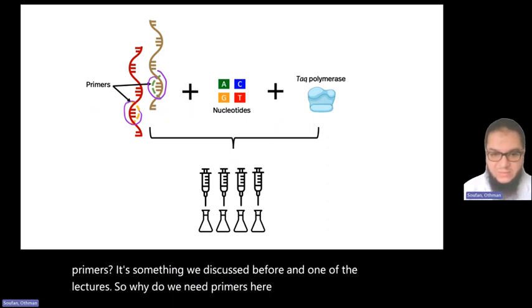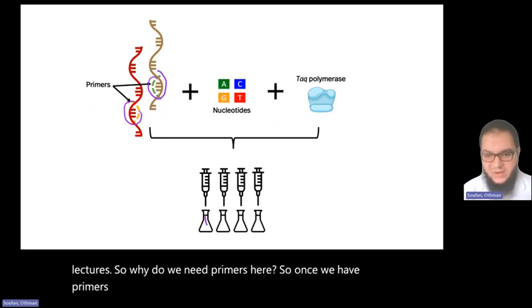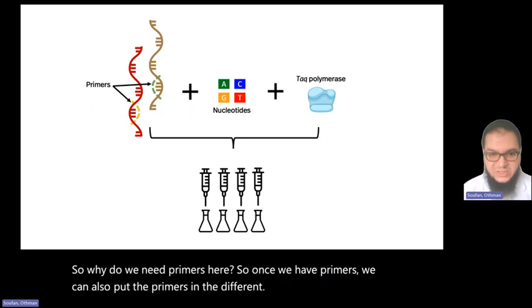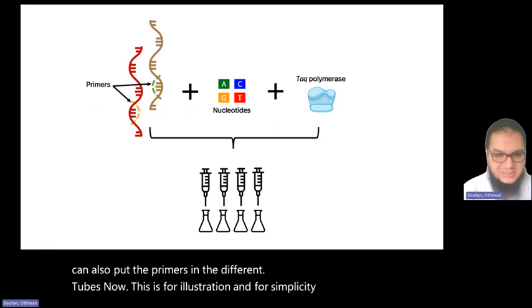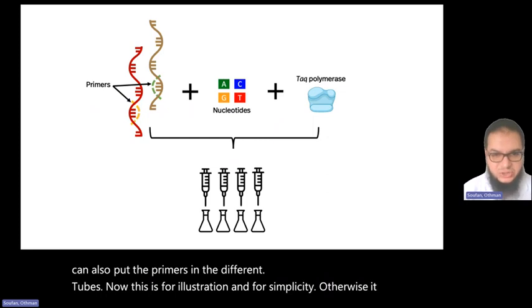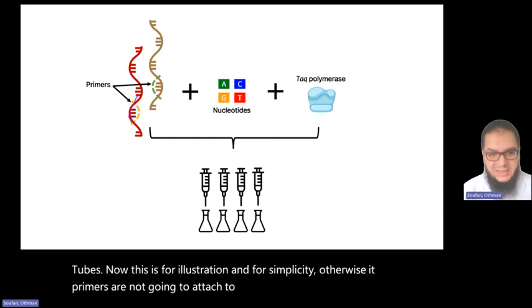Once we have primers, we can also put the primers in the different tubes. Now, this is for illustration and for simplicity. Otherwise, primers are not going to attach to DNA before they are put in the tubes.